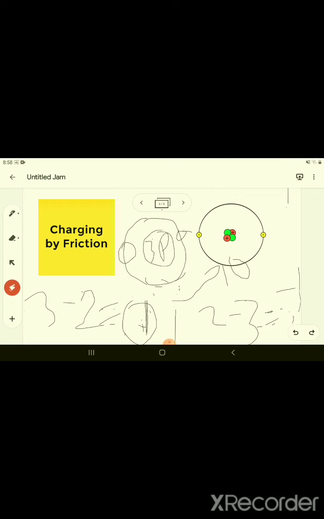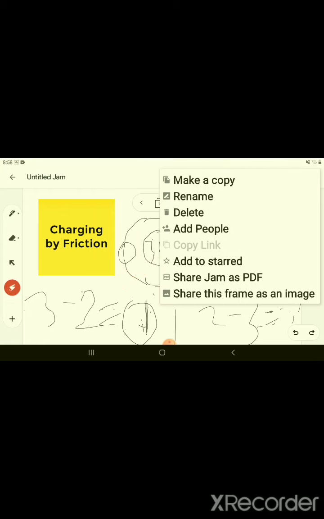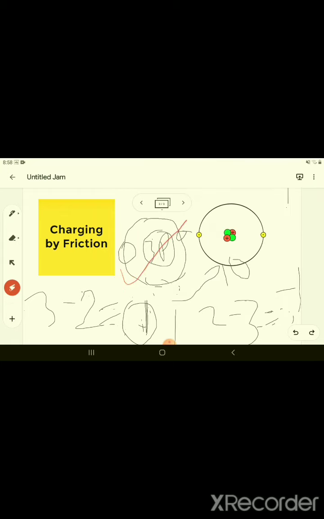The object that loses the electron, in this case the atom on the left, will gain an overall positive charge. If you lose something that's negative, you become more positive. If you gain something that's negative, you become more negative.